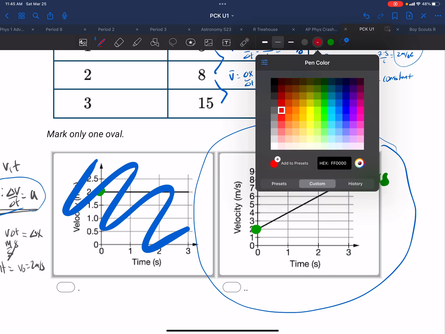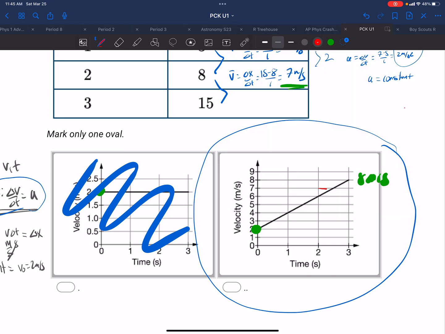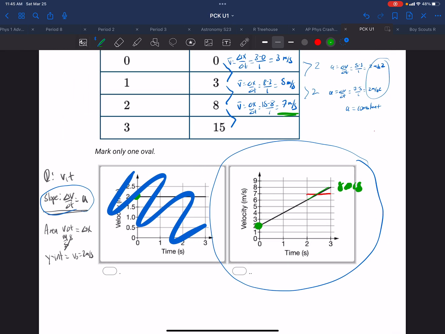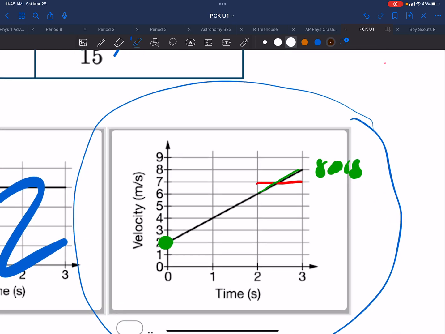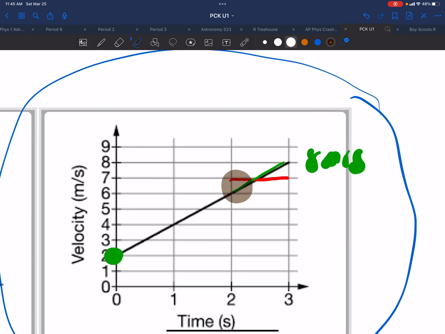So if during that whole time the velocity was 7, that would produce the same change in position as a constantly increasing velocity. In other words, if we're looking at the displacement, which is the area underneath the red curve, it is equal to the area underneath the green curve. So they're producing the same change in position.